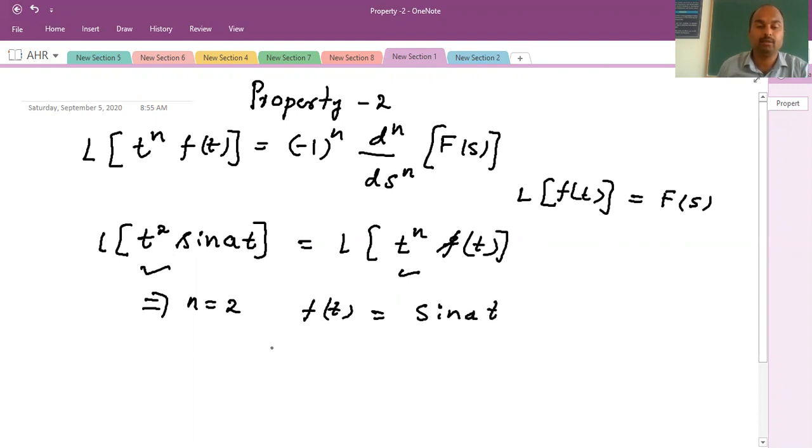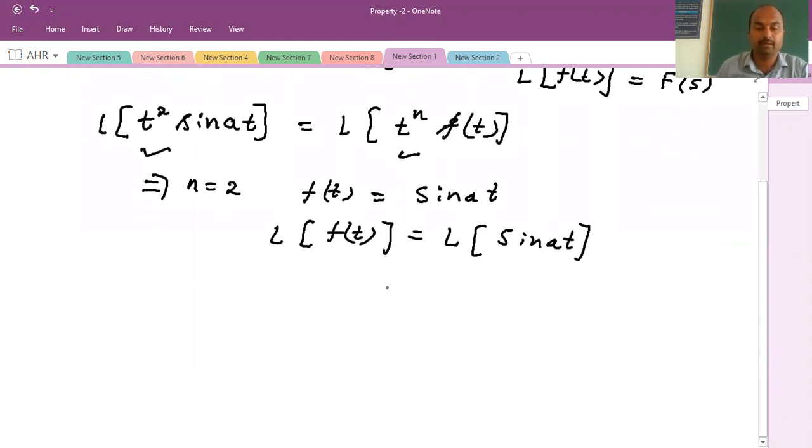So therefore, Laplace transform of f of t equals Laplace transform of sin at. So left hand side is denoted by f of s, that is, the right hand side is sin at Laplace transform, a by s square plus a square.